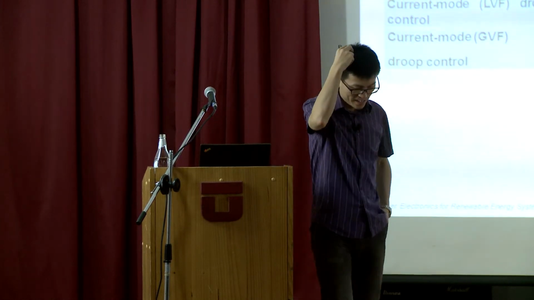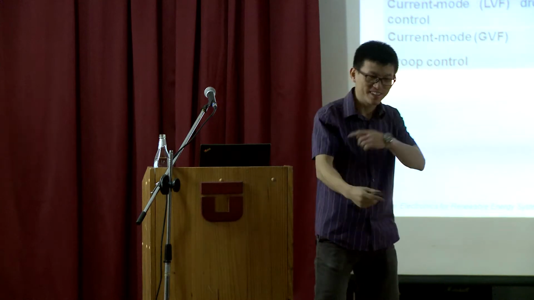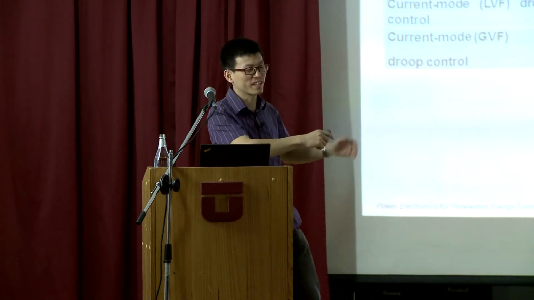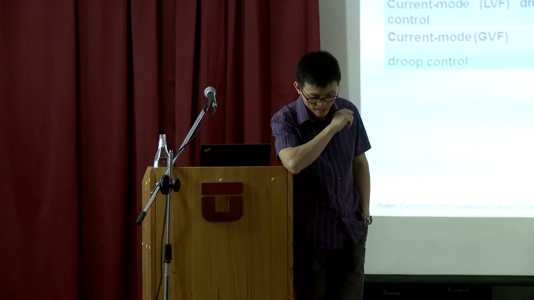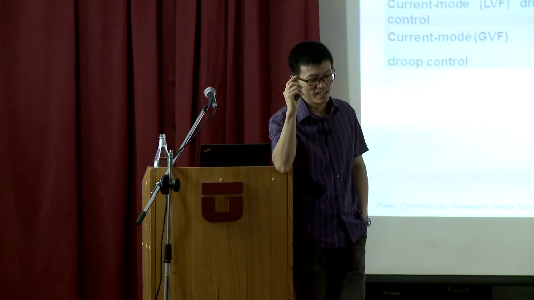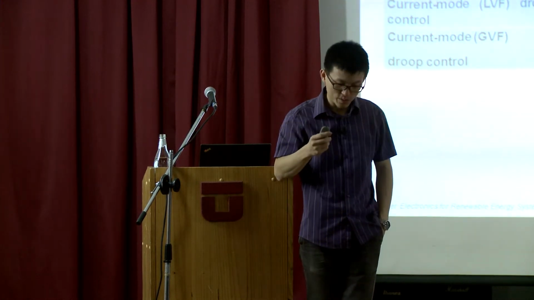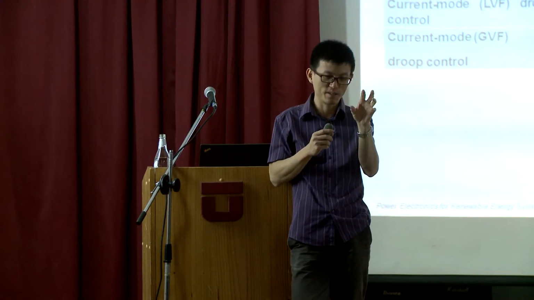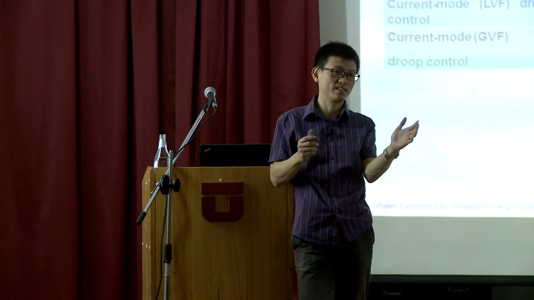Yes, exactly. If you go to the next lecture, later on, we'll talk about stability. Here, I just give you a concept of what we're doing. I totally agree with you. For the voltage mode droop, this droop is more like a feed-forward control, so the droop gain has no impact on the stability.